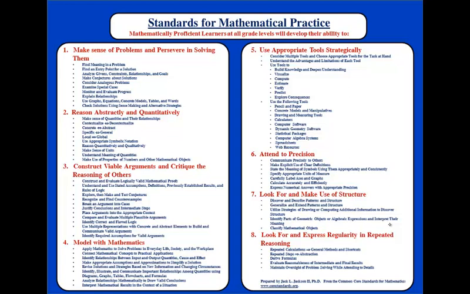In most cases, they're very applicable to the real world, but that's not nearly as important as these general skills, these general thinking abilities. Because these skills, these 8 standards that we're going to develop in students, these will stay with you no matter what you do in life.